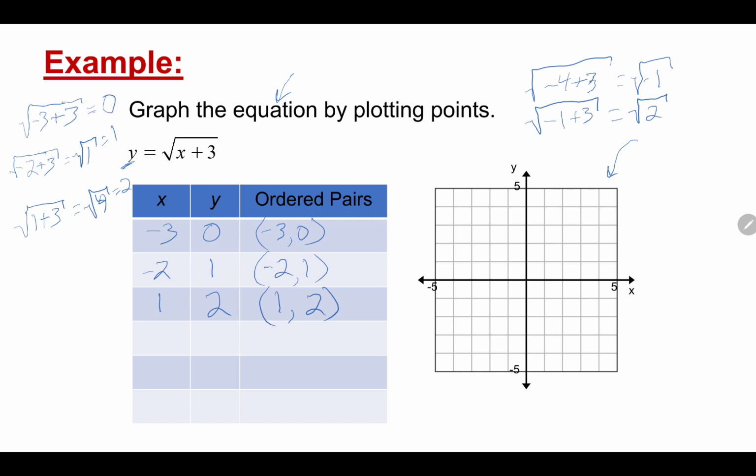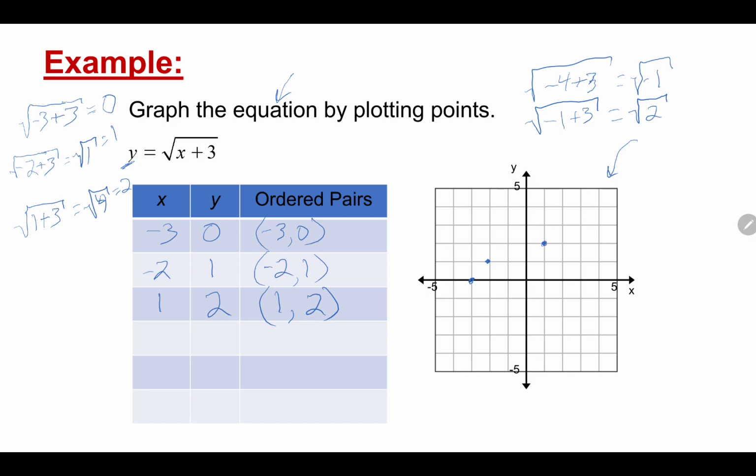This is giving us a place to go. Now if I plot these, at -3 I'm at 0, at -2 I'm at 1, and at 1 I'm at 2.